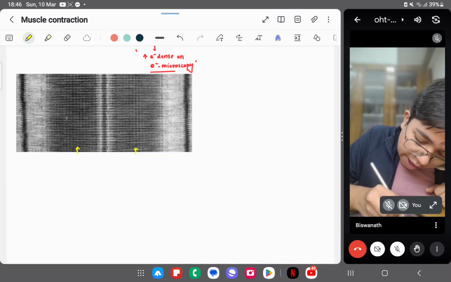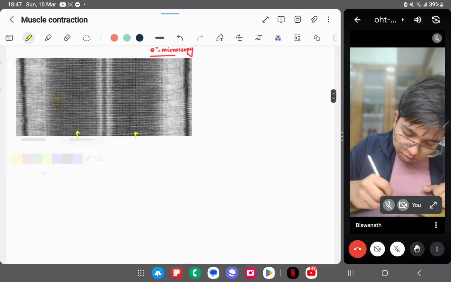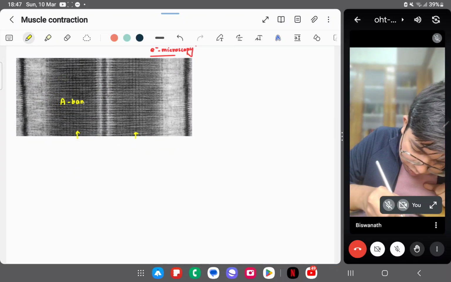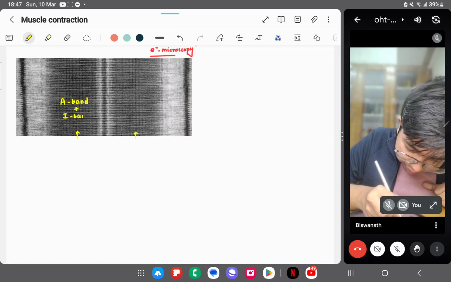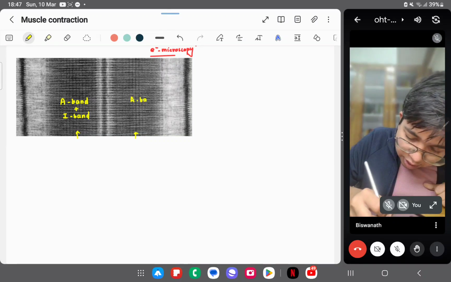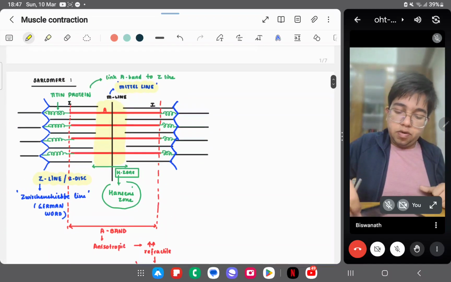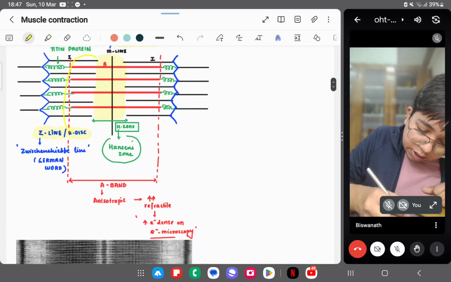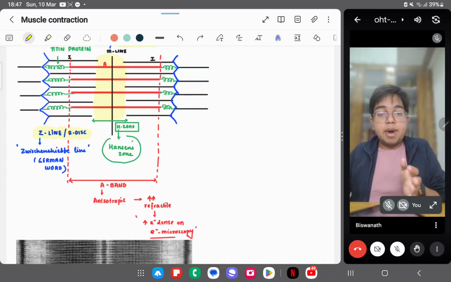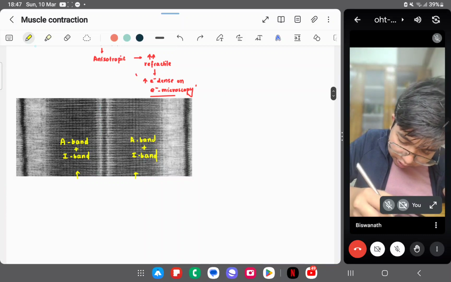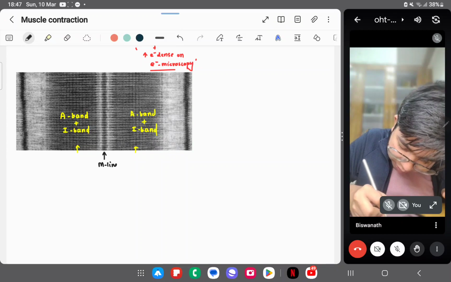So here we have the A band plus your I band. Here also A band plus your I band. Do you know which area it corresponds to? This part, where there is A band and the I band intact. And this electron density is the M line.